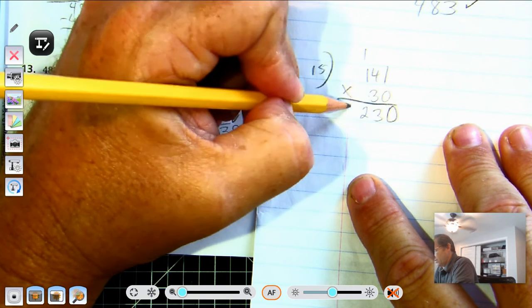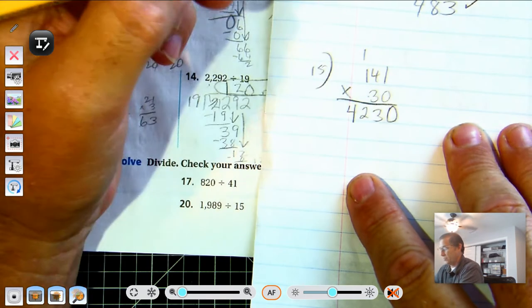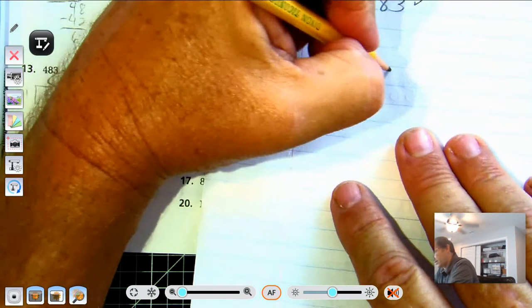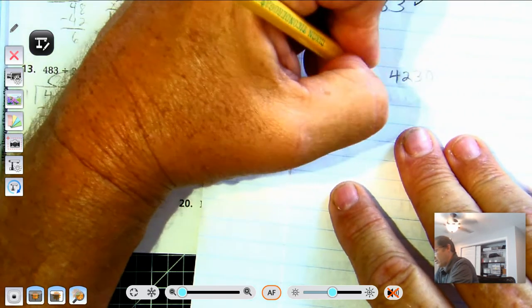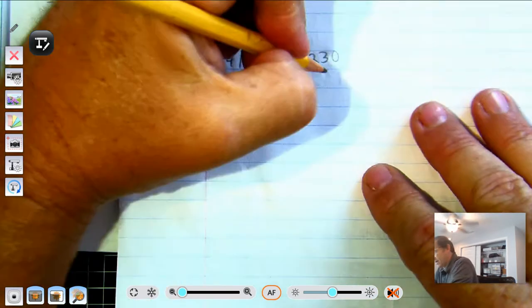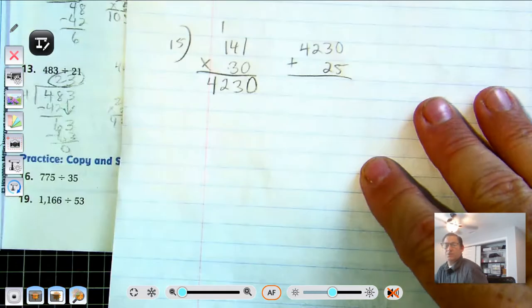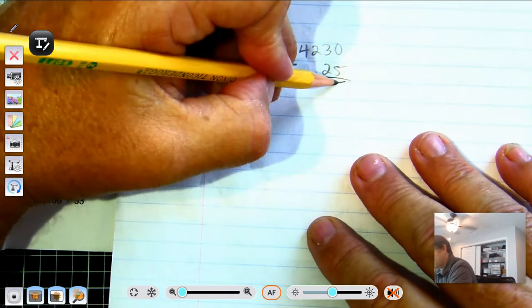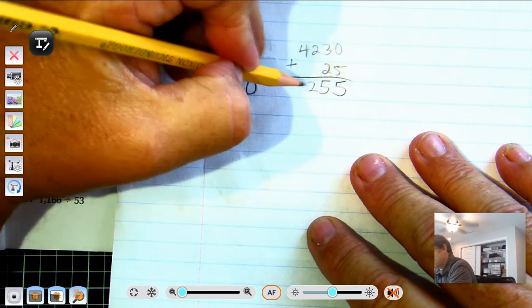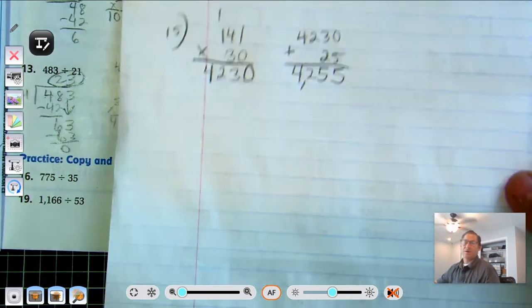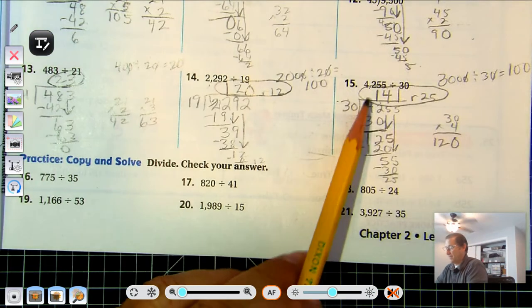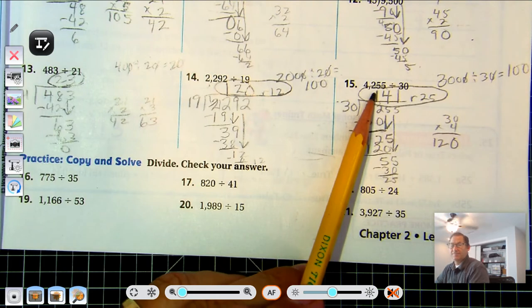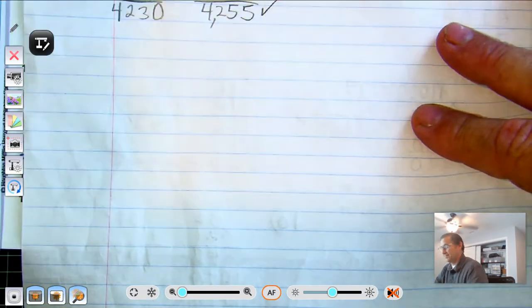It's 3 times 1 is 3. Plus the regroup, 4,230. And we also had a remainder of 25. So add the 25. We're at 4,255, which matches the dividend. So our answer is correct.